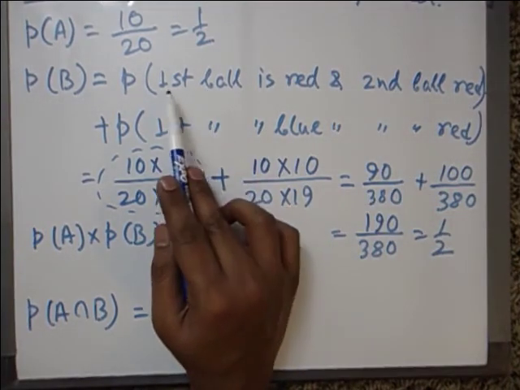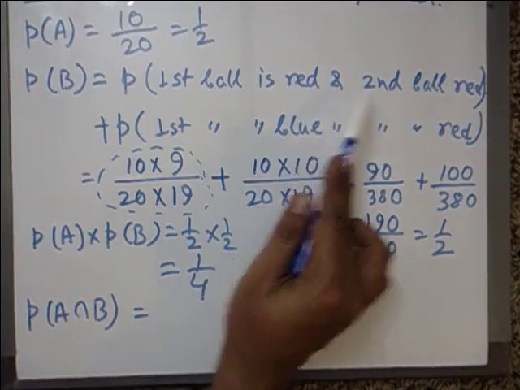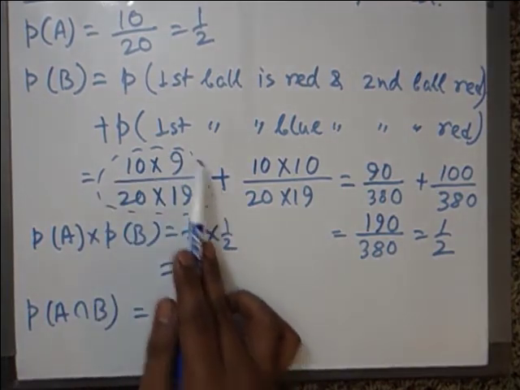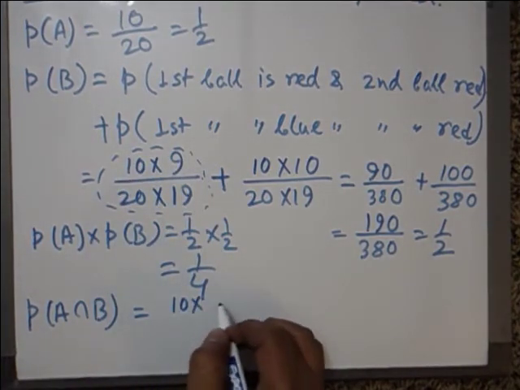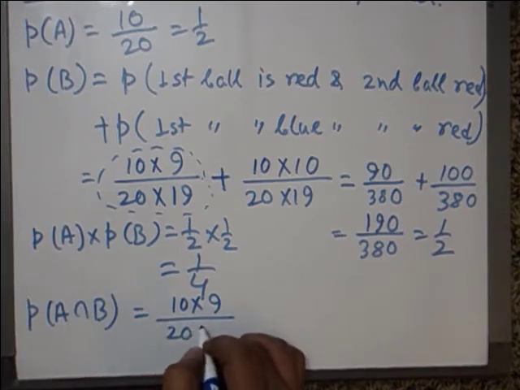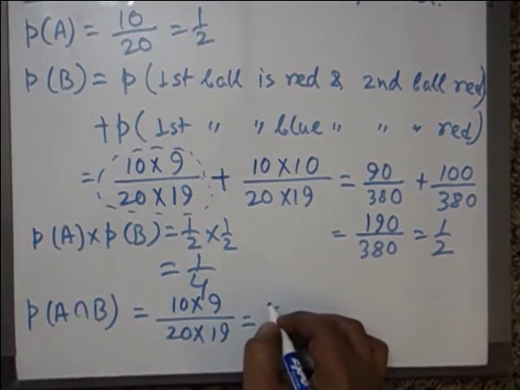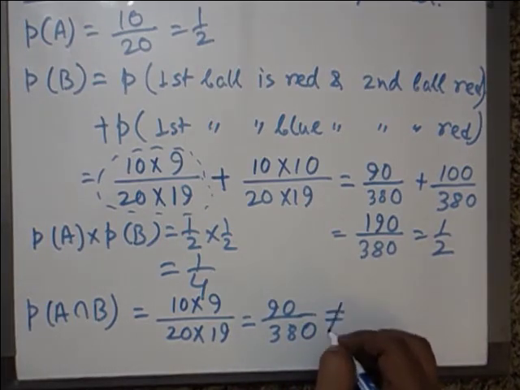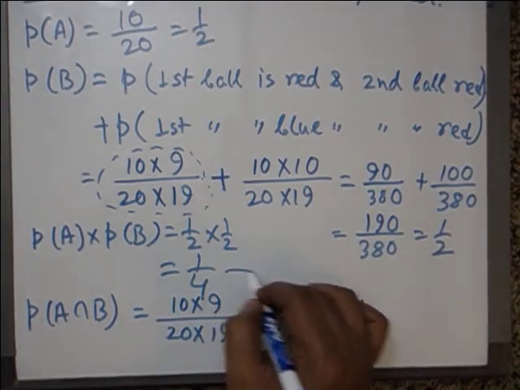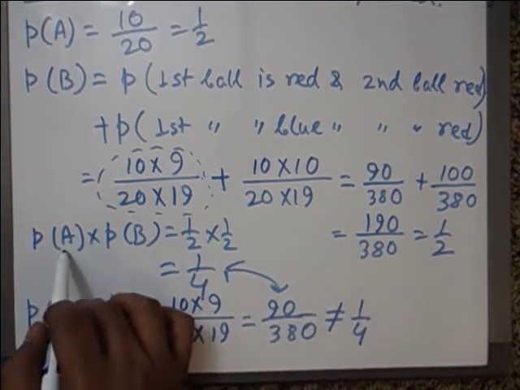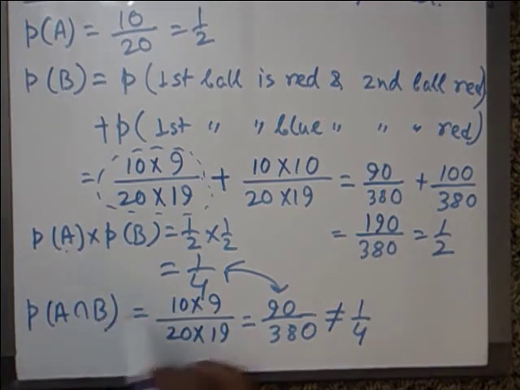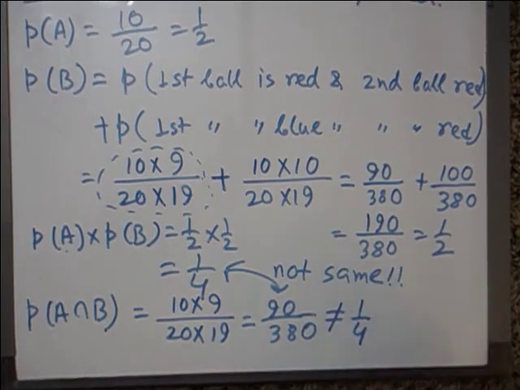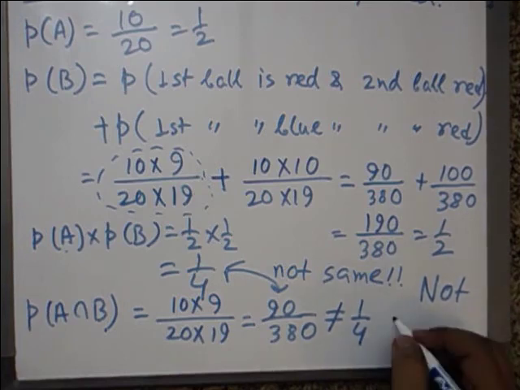We already calculated that probability here. So we simply put it there, 10 times 9 over 20 times 19, which is 90 over 380, which is not equal to 1/4. These two numbers, P of A times P of B and P of A intersection B, are not the same. So not independent.